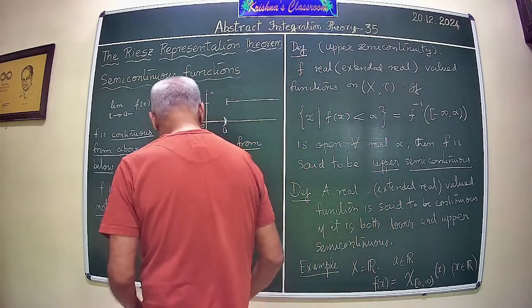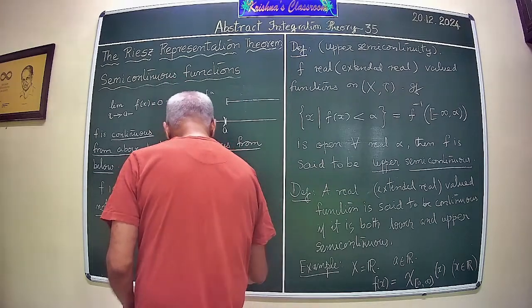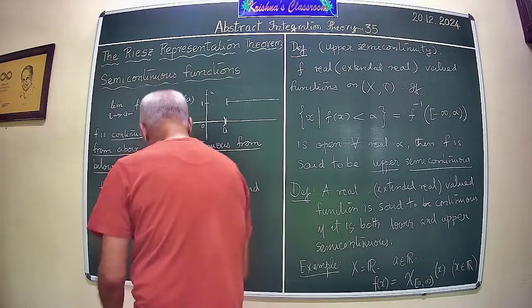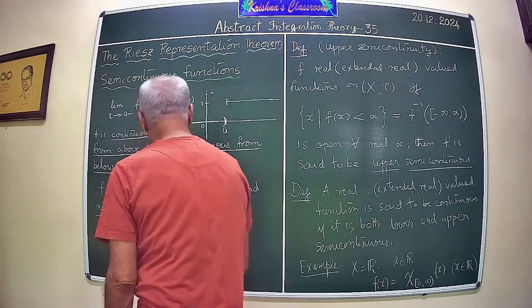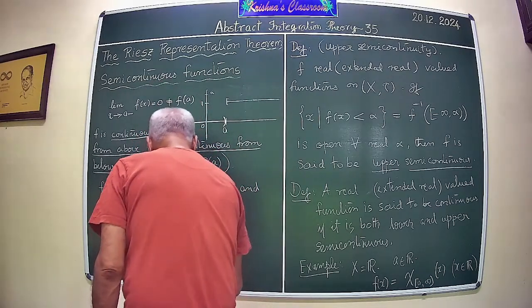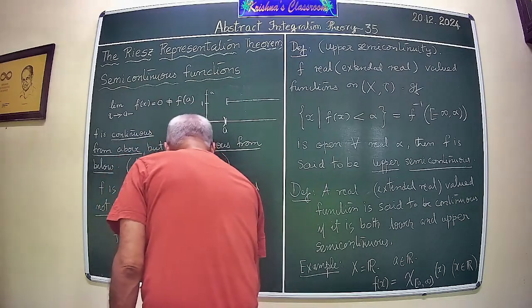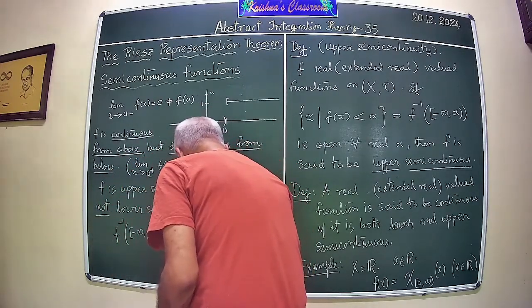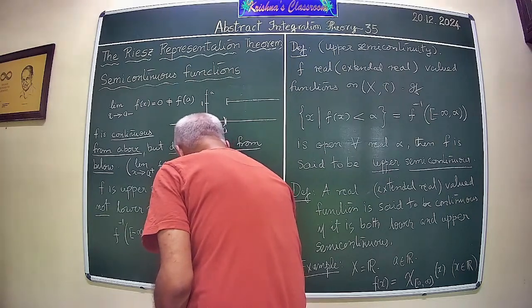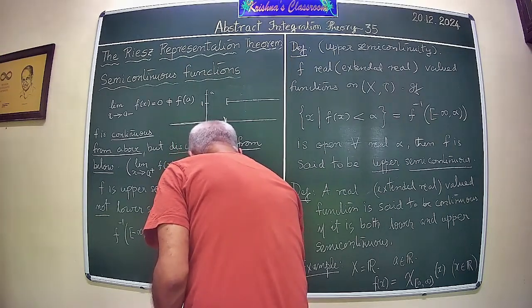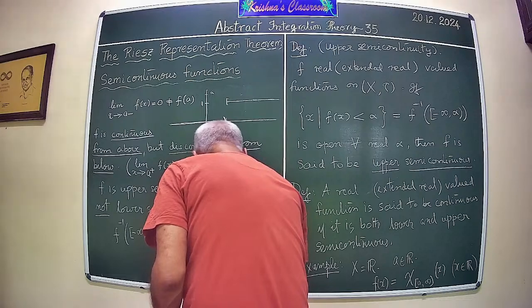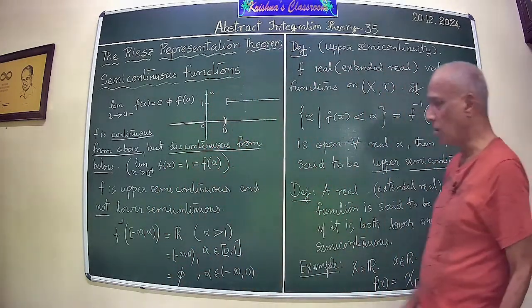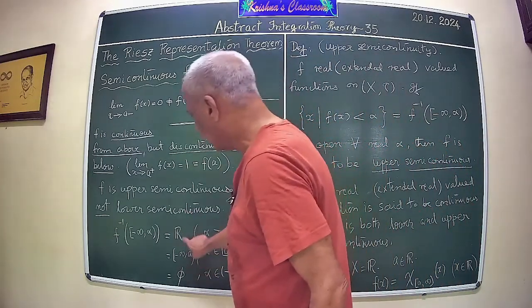And this is empty if alpha is less than 0. Therefore you see that in all these situations they are all open sets.